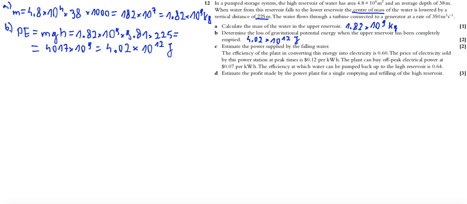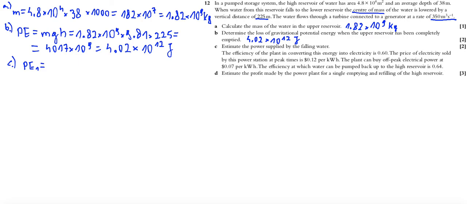Okay, estimate the power supplied by the falling water. So let's look. We have information that in each second the amount of water which falls is 350 meters cubed. Okay, so we can calculate the energy given in each second. Potential energy in 1 second is related with falling of 350 meters cubed of water in 1 second.